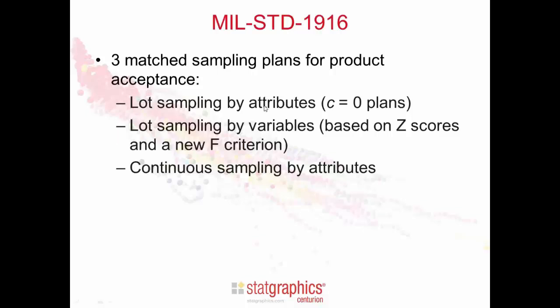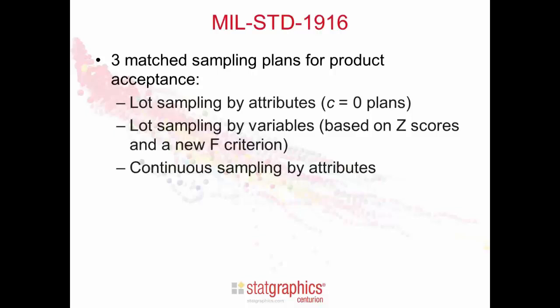There's a sampling plan for attributes, and they're all, incidentally, C equals 0 plans. They're all plans where the acceptance number is 0. There are also plans for sampling by variables, which is based not only on the z-scores that we just looked at, but also on a new F criterion. And there's also a continuous sampling plan for attribute data.